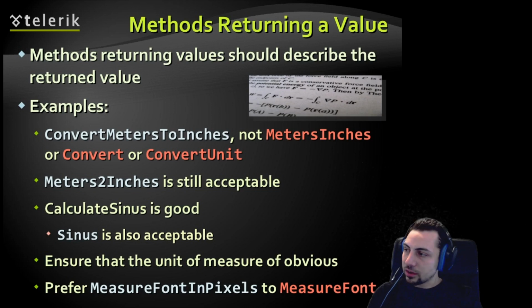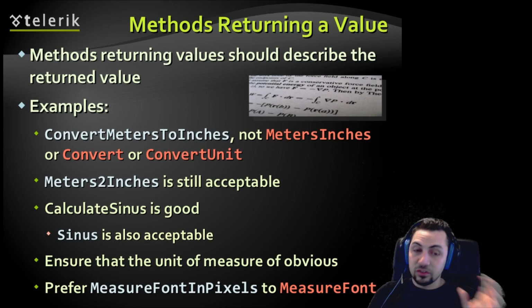So if you have a method called convert that doesn't tell you what you're converting from or to, your method arguments might have a variable like inches, okay, which tells you you're converting inches, but it doesn't tell you what you're converting to. So converting meters to inches, good name. Meters, inches, it's a shorthand. Doesn't really help. There's no reason to limit your characters. Convert or convert units, not really helpful.